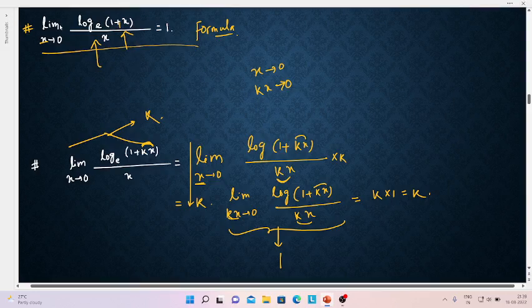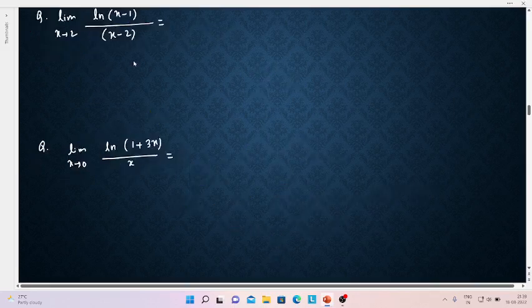Before that, let me again say that limit x tending to 0 of log(1 + x) base e upon x is equal to 1, and the second part is limit x tending to 0 of log(1 + kx) base e by x is nothing but k, right? Okay, let's move to the next slide.